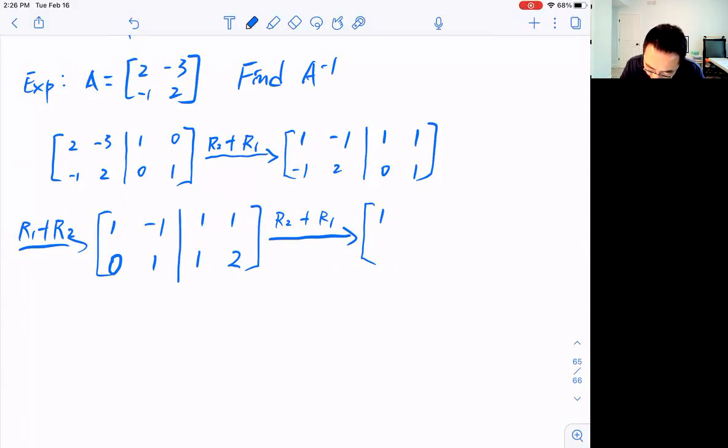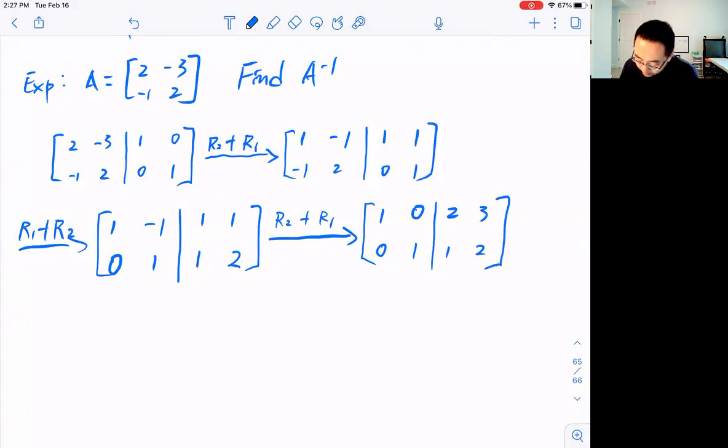And the second number is 1 added to -1, that turns into 0. And you didn't do anything to row 2, so that's the same. And over here, 1 added to 1 gives you 2. Then 2 added to 1 gives you 3, and you didn't do anything to the second row.